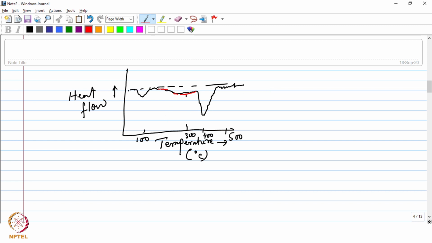So here you see an exothermic peak first, which is a broader kind of peak, and later on you see this sharp peak, which corresponds to the occurrence of recrystallization. Okay.